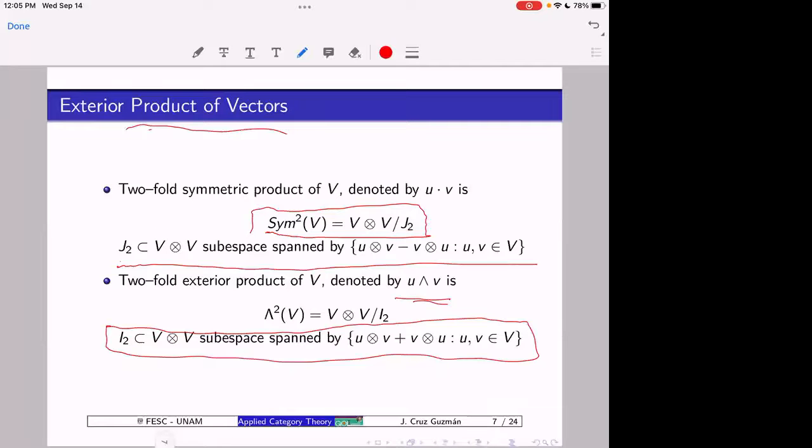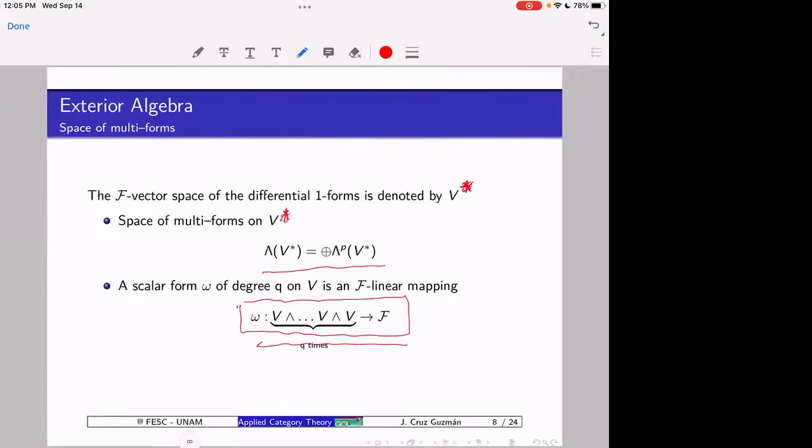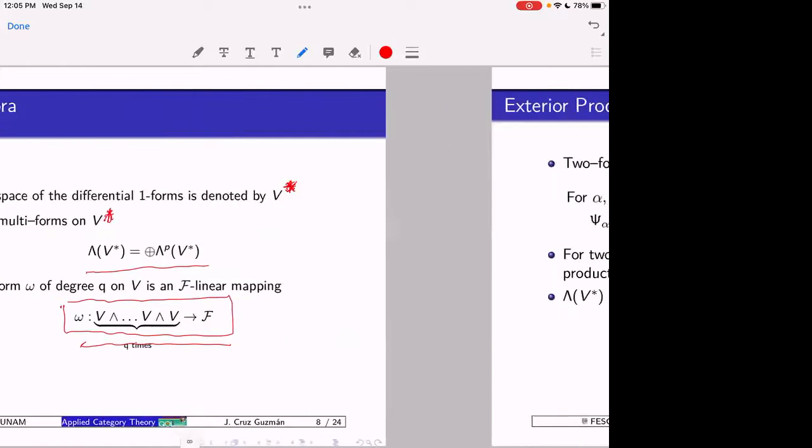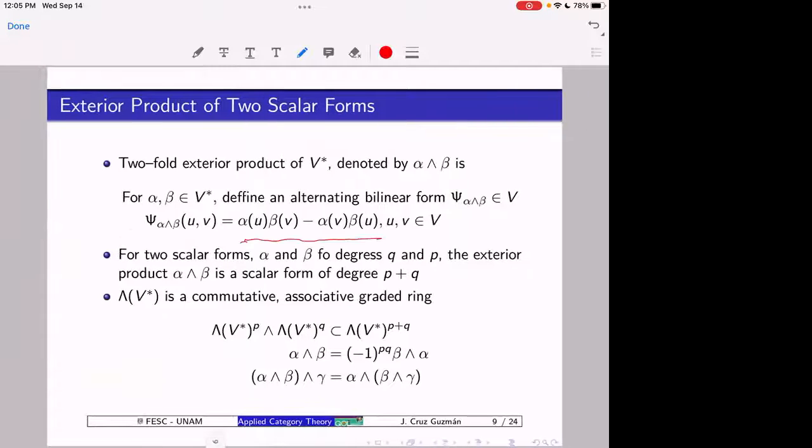And in the next, we are building products of scalar forms. And in products of scalar forms, we do not have a symmetric part.